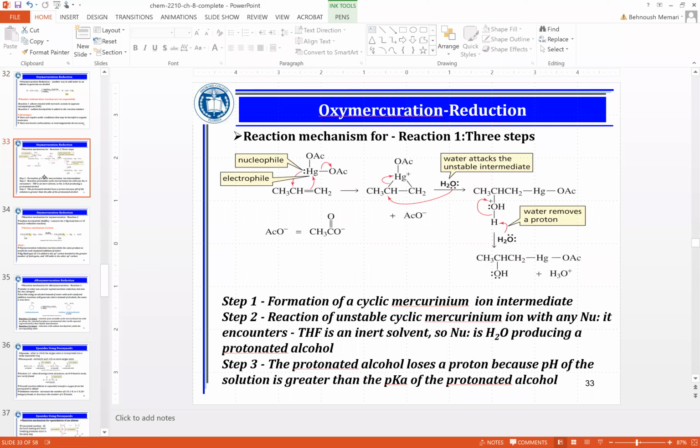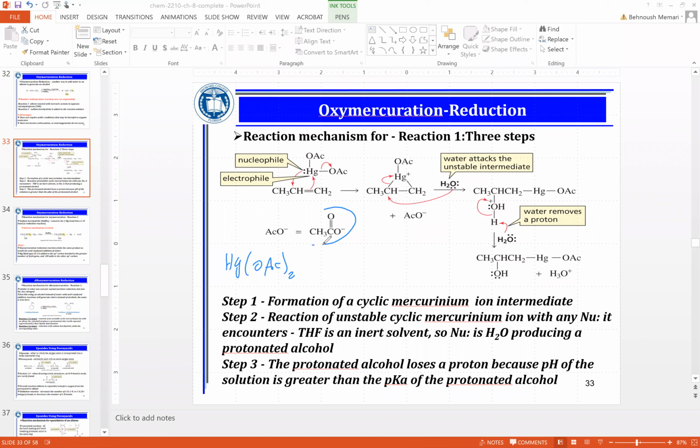Okay. Now, looking at the mechanism of the reaction, step by step, what is going to happen when you have mercury(II) acetate? Mercury(II) acetate is going to dissociate, and it's going to give you mercury(I) acetate. It doesn't show you here, but I think that's going to help you more if you have HgOAc2.